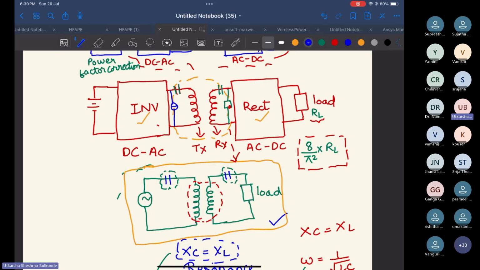So how do we get this RL? RL is equal to Vout square upon Pout. My output voltage is given, and Pout I can consider anything. So I have considered it to be 3.3 kilowatt. So from here, what value do you get?